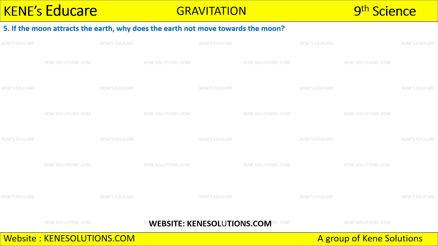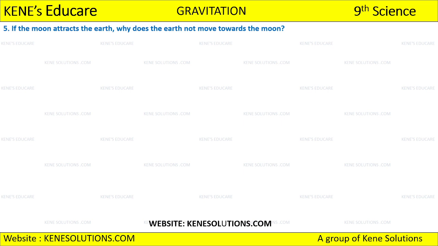Then we have the fifth question: if the moon attracts the earth, why does the earth not move towards the moon? Here we know that earth and moon experience equal gravitational force from each other, right? The gravitational force between the earth and the moon is going to be equal. However, the mass of earth is larger than the mass of the moon.